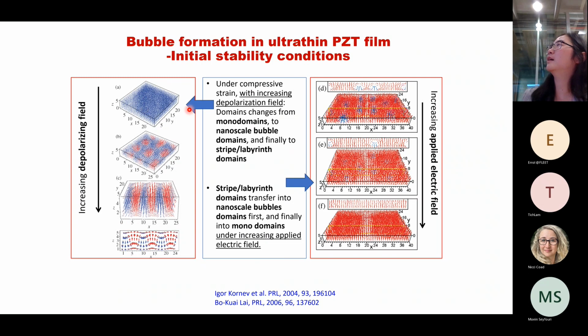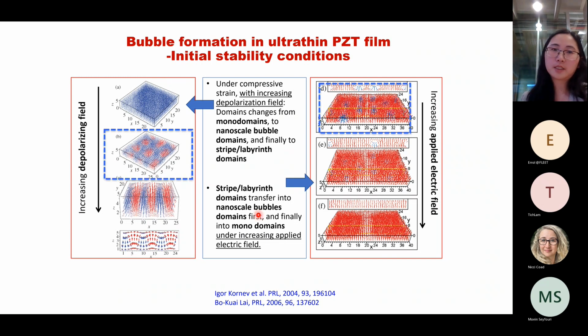They found that in a compressively strained PZT film, under a proper critical depolarization field, it can form this kind of nanoscale domain, which is a transitional state between a monodomain and a conventional membrane domain. Okay, so how can we realize this?